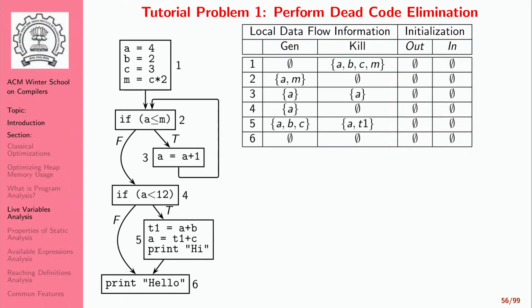So in the first iteration, when you try to compute this, its value, because this value has been initialized to empty set, this will remain empty. Remember, initial value at each program point is empty set. So please correct it.